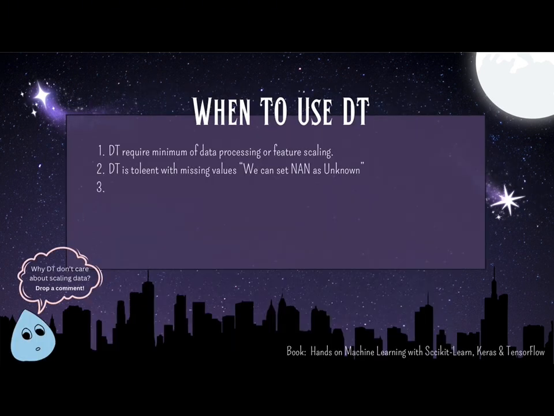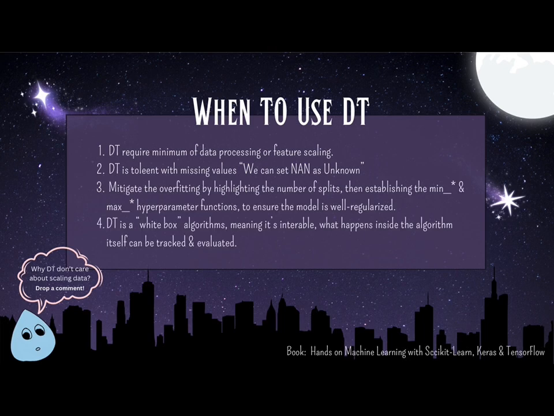When to use decision tree. Decision tree requires minimum data processing or feature scaling. Also, it is tolerant of missing values. That means we can replace any values with unknown and the algorithm will typically understand.